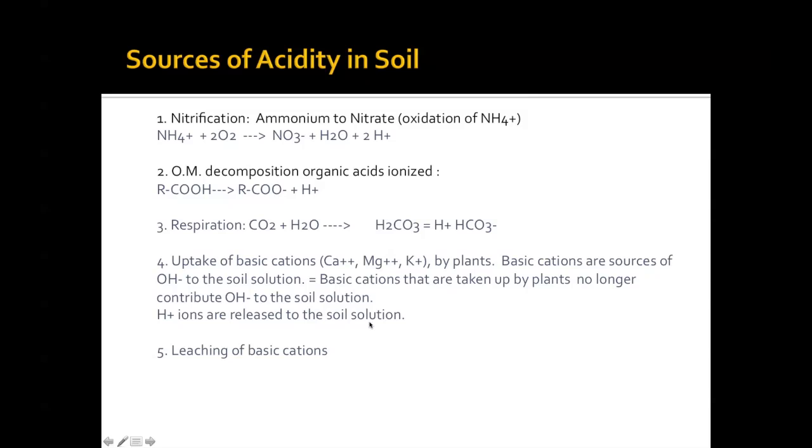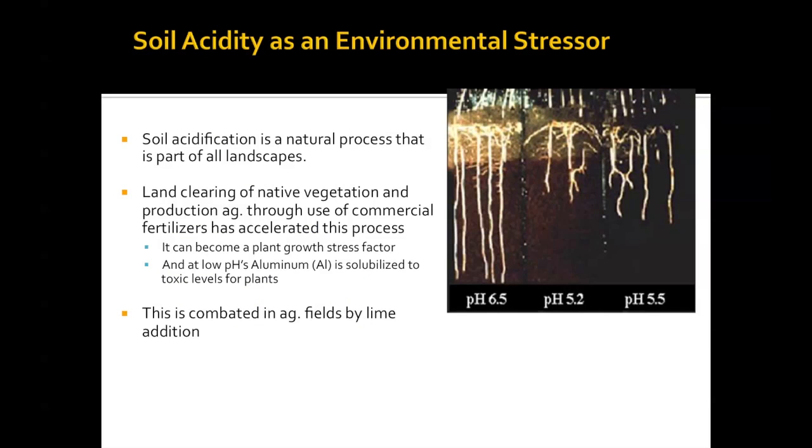Hydrogen ions are released into the soil solution and essentially make that soil more acidic. And often these two processes are interrelated. Those basic cations are then leached out, and that leaching process then leaves the hydrogen ions basically sitting in the soil, and you're going to have that acidic soil.